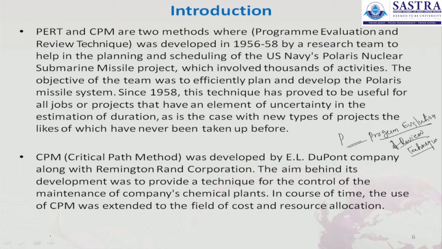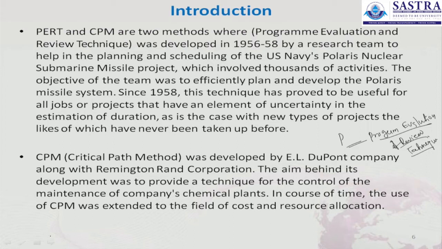Here PERT and CPM are two methods that were developed in 1956 and 58 by a researcher team to help in the planning and scheduling of the US Navy Polaris nuclear submarine missile project, which involved thousands of activities.